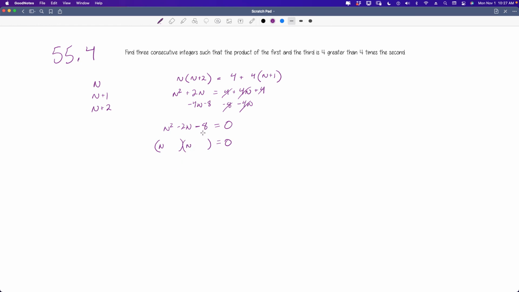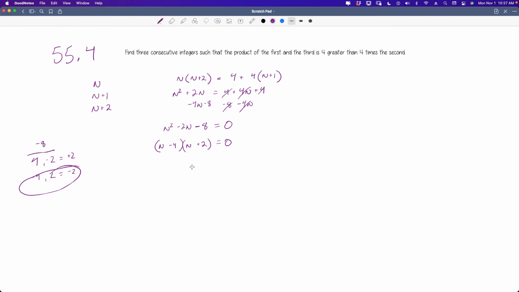And the factors of negative 8 are either going to be a positive 4 and a negative 2, or a negative 4 and a positive 2. This gives us a positive 2 as a result. This gives us a negative 2 as a result when we combine those. So this is the one we want. So we want negative 4 and positive 2.